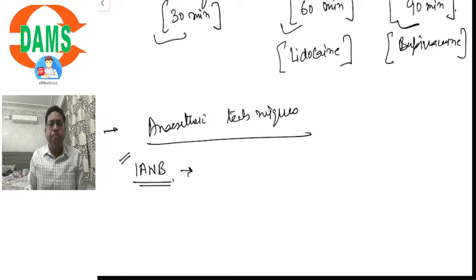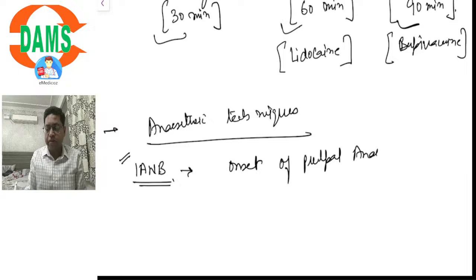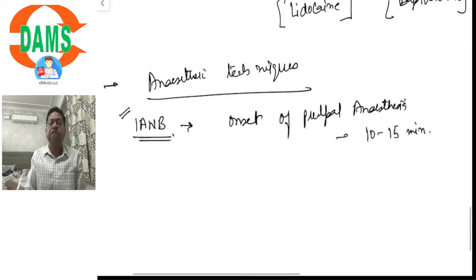So if it is given properly, the onset of pulpal anesthesia takes place in 10 to 15 minutes. So we have to wait that much time for the onset to take place.